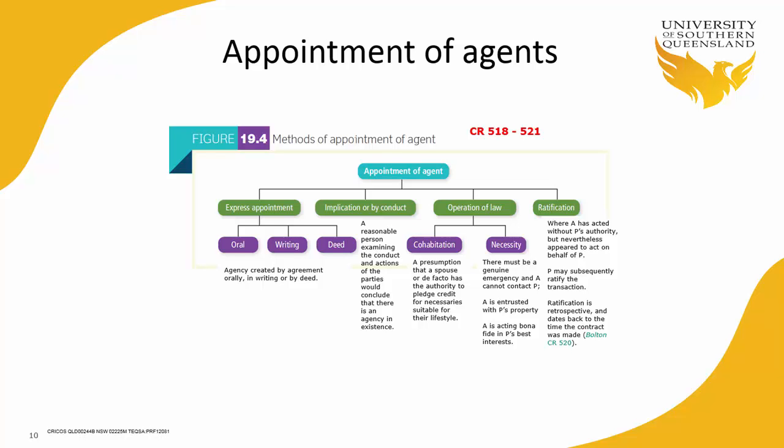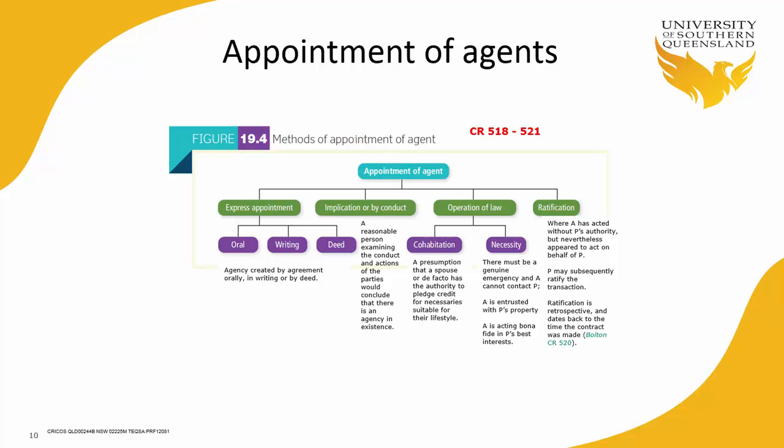And you will find a case explaining what that basically means, which is the Great Northern Railway v Swaffield case, a very old case actually from the 19th century, but it's a good explanation of what we mean by this necessity. Then you have ratification, one other method of appointment of agents, where the agent has acted without the principal's authority, but nevertheless appeared to act on behalf of the principal.